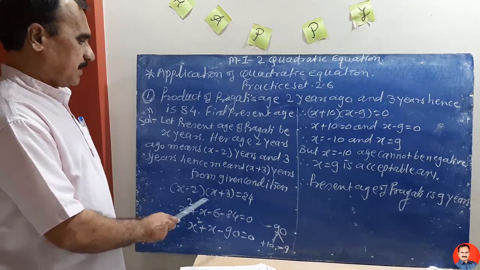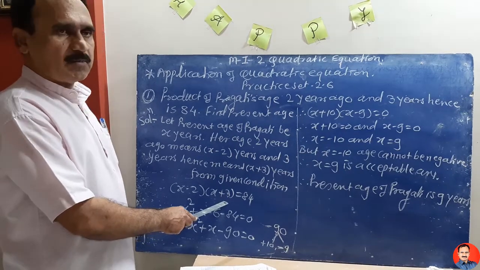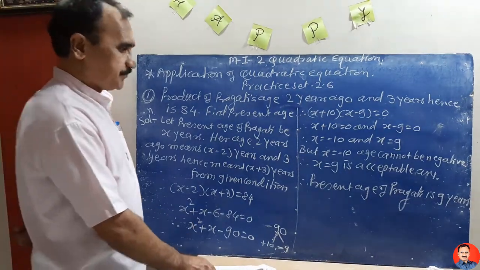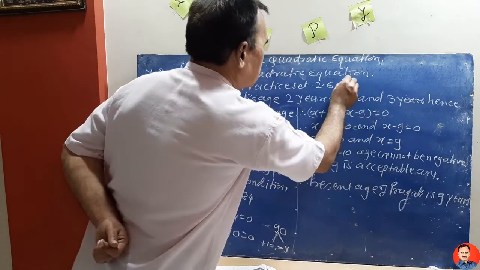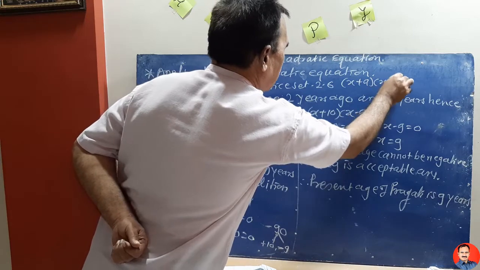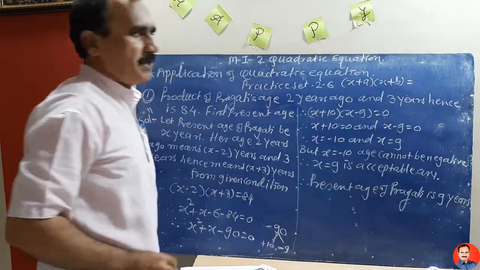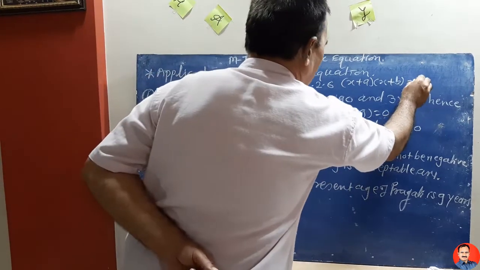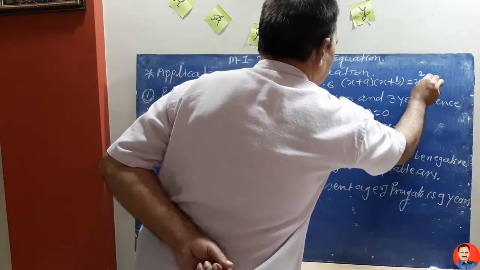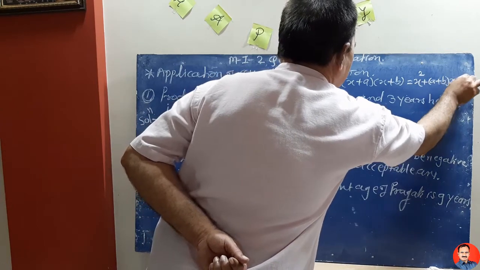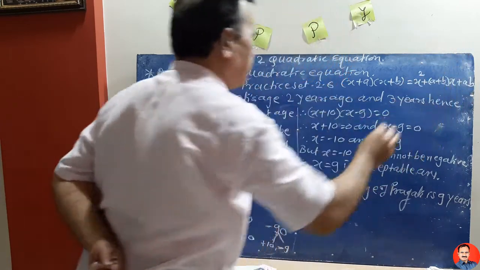Then the multiplication of these two brackets, we can write direct multiplication according to the standard formula. You know the formula. If x plus a and x plus b, the product of these two brackets is x square plus (a plus b) into x plus ab.